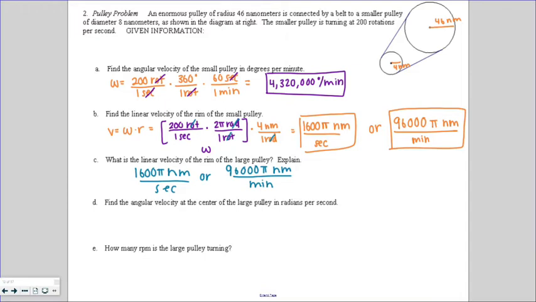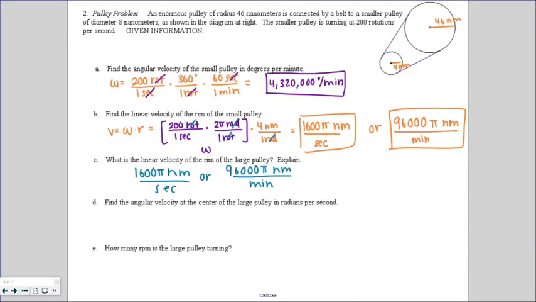So what I did in the brackets here is I took my 200 rotations per second, which is angular velocity, but I turned it into radians so that it will work out in this equation. Then I multiplied it by the radius, because that's the equation that we're told to use. And I get this answer. I get 1,600 pi nanometers per second. But if you guys used the 4,320,000 degrees per minute, your answer per minute should be 96,000 pi nanometers per minute. Okay? So either one, perfectly acceptable, because I didn't tell you what units I wanted your final answer in.